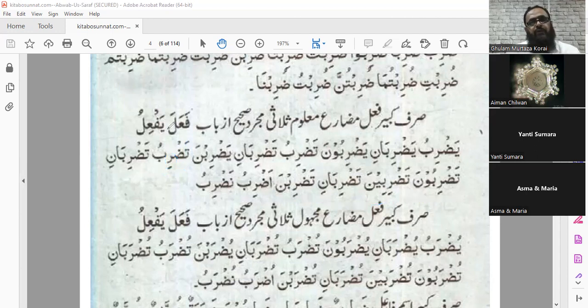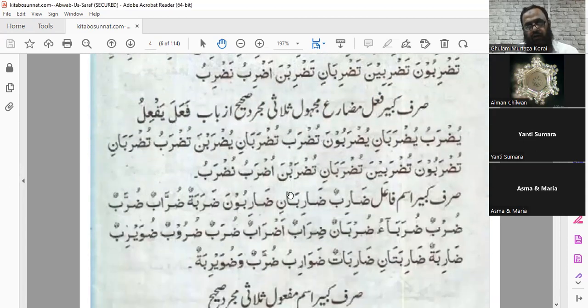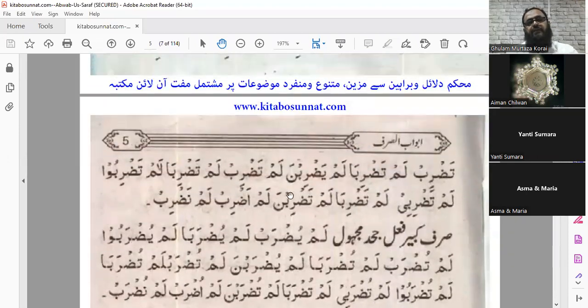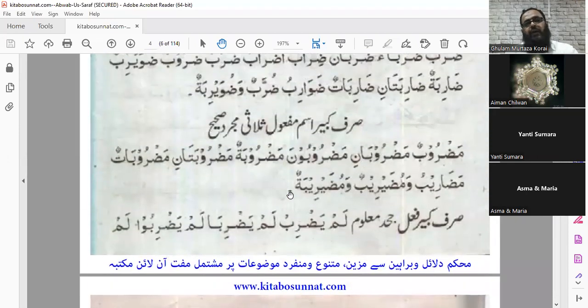Now there was another question. We will discuss these things in very much detail, for example mazrubun. Where do we make mazrubun from? This is ism maf'ul.